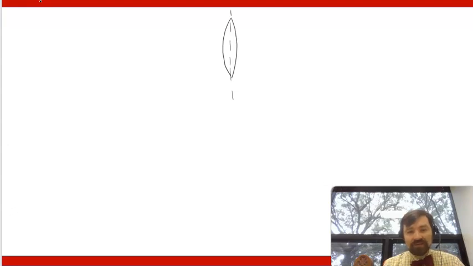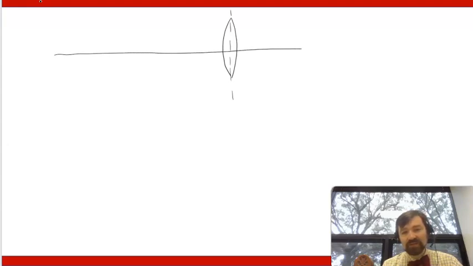The other axis that we need to draw is what's called the principal axis, and that principal axis is generally drawn just perpendicular to your lens axis.